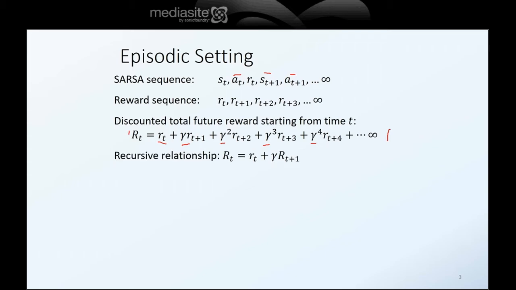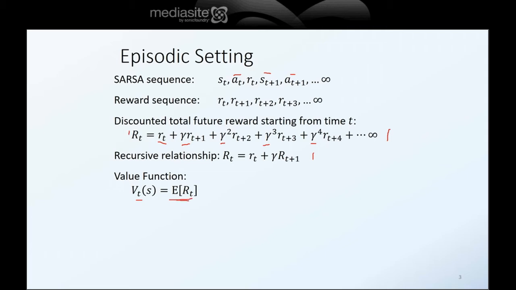And from that, we can get the recurrence relationship. R_t is equal to lowercase r_t plus gamma times uppercase R_{t+1}. Now, what's the value function? By definition, the value function is equal to the expected R_t, because R_t is stochastic, the transitions are stochastic. That's why we need the expected value here.